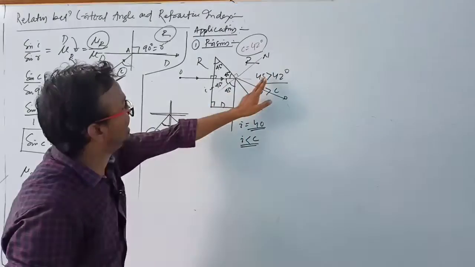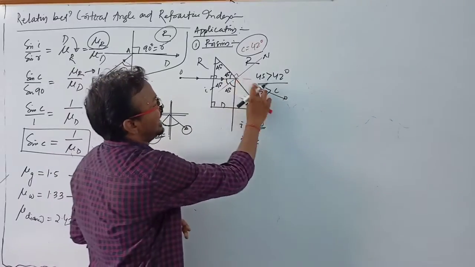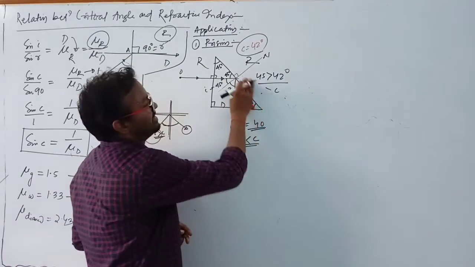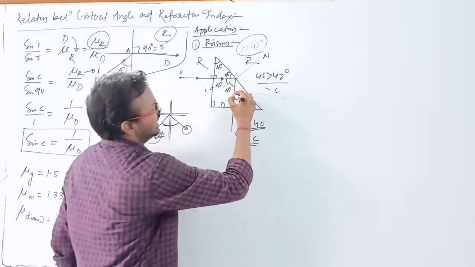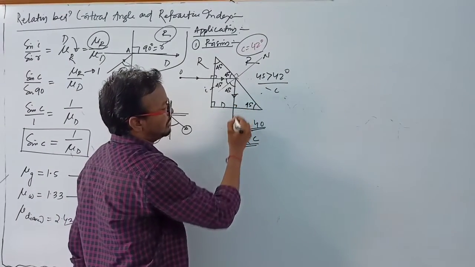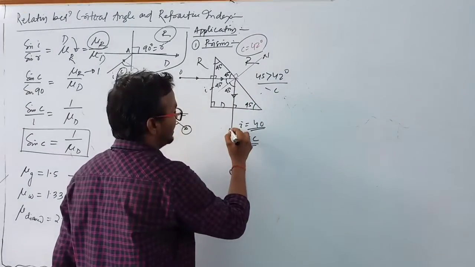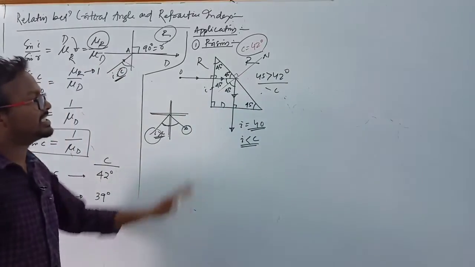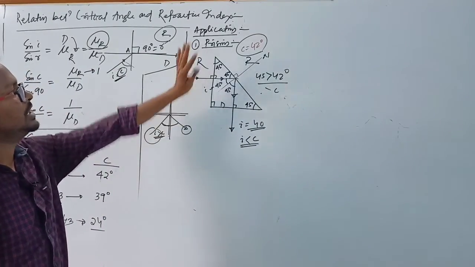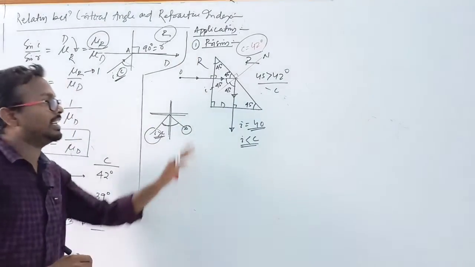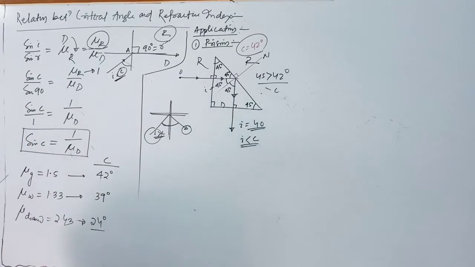But here the angle is greater than the critical angle, so there is total internal reflection. Clear this concept? The ray traveling in this direction meets the surface perpendicularly and passes undeviated. Clear? This is the application of total internal reflection for a prism.